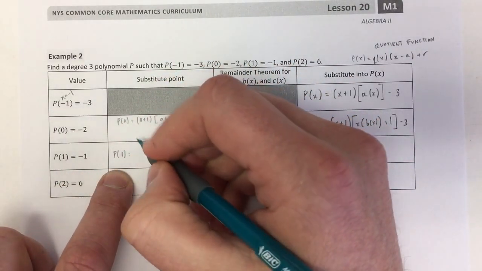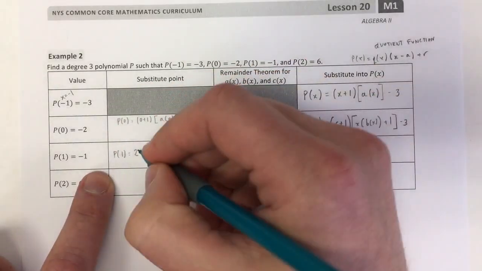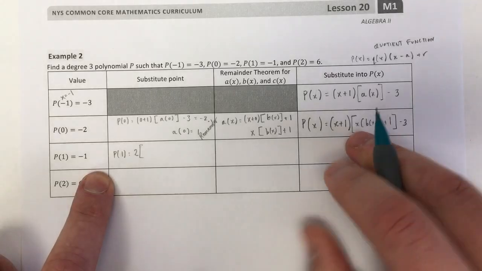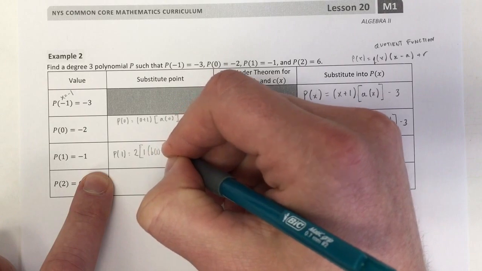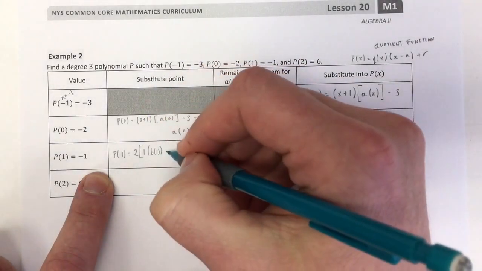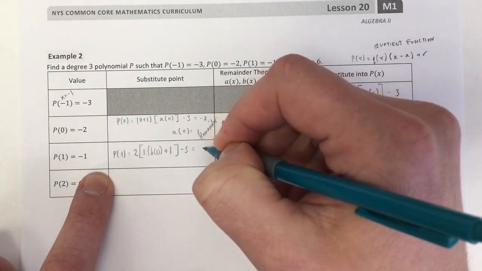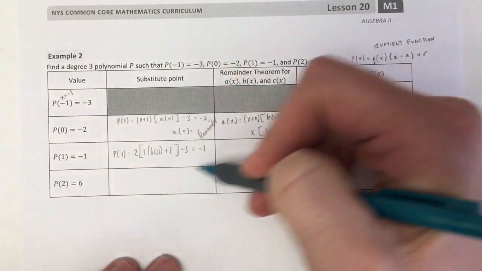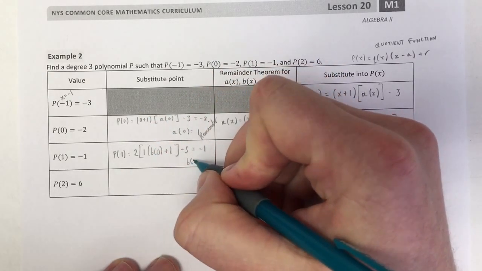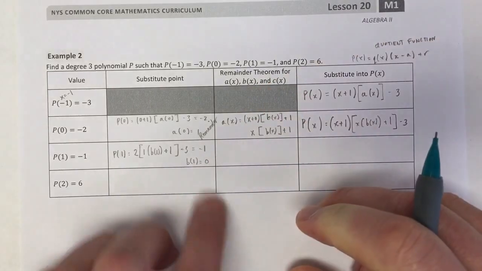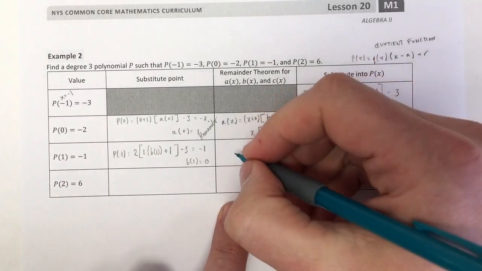So I get on the outside 1 plus 1 is 2, times 1 times the b of 1, plus 1, minus 3, and that equals -1. I simplify all this out, just out of space, but b of 1 is equal to 0. So this is actually a factor, which is really nice, but we'll come back to it in a second.